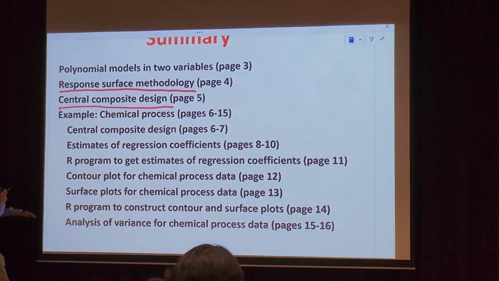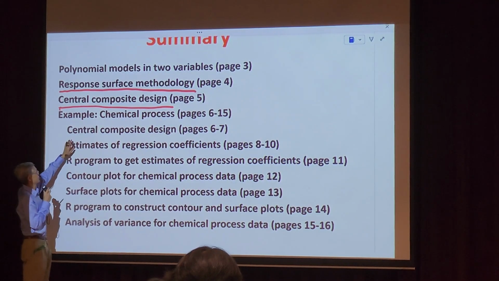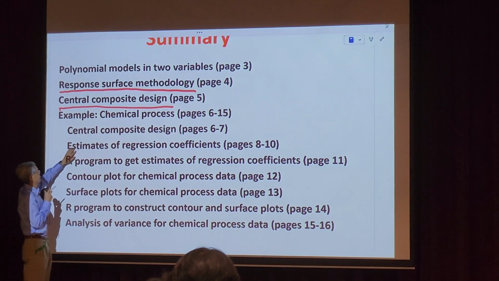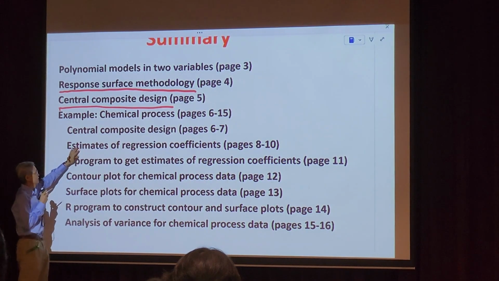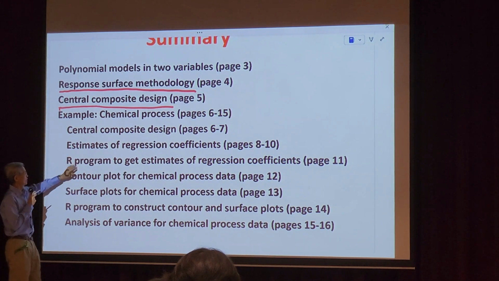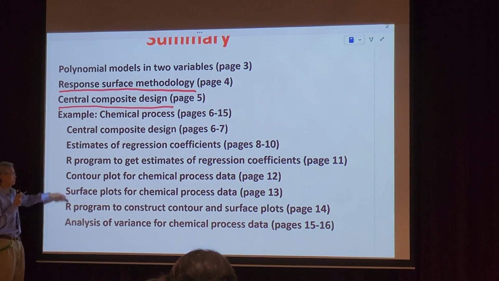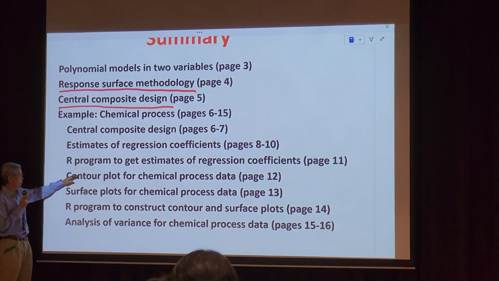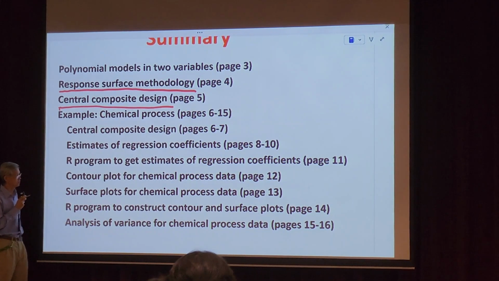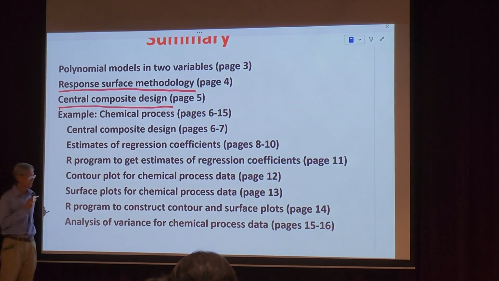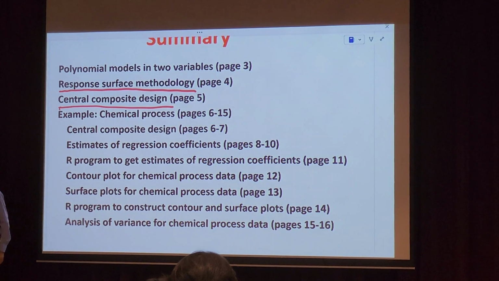So I illustrate all this with a chemical process, how we find regression, how we use R to get estimates. This is just like before, nothing new. How to construct contour plot, surface plot, and then we analyze the data.